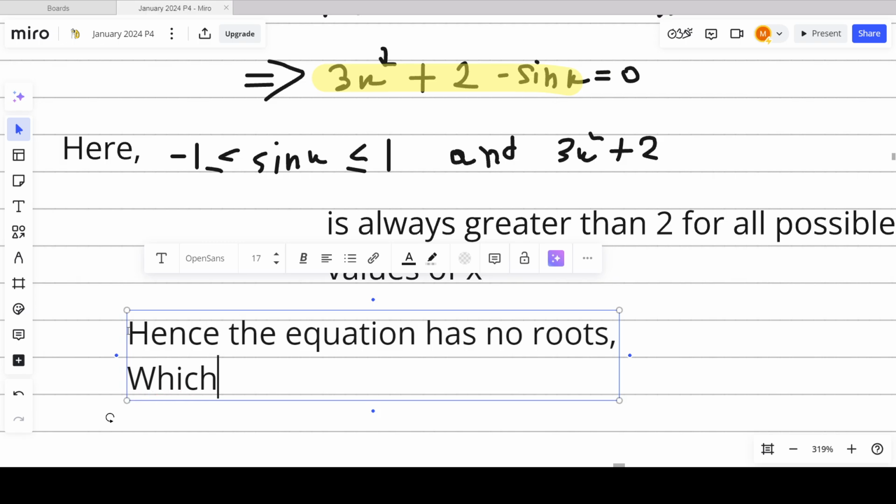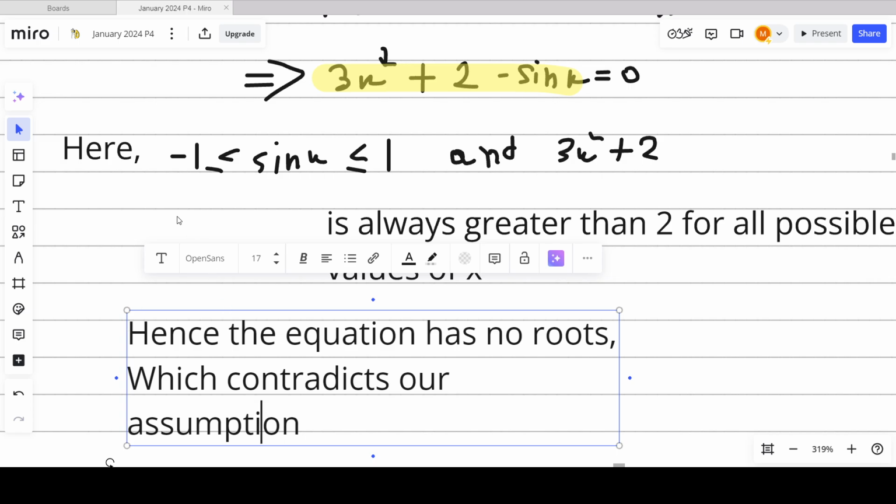According to our assumption, this derived equation, the yellow marked equation, was supposed to have at least one root, but it has no roots. So definitely it contradicts our assumption.